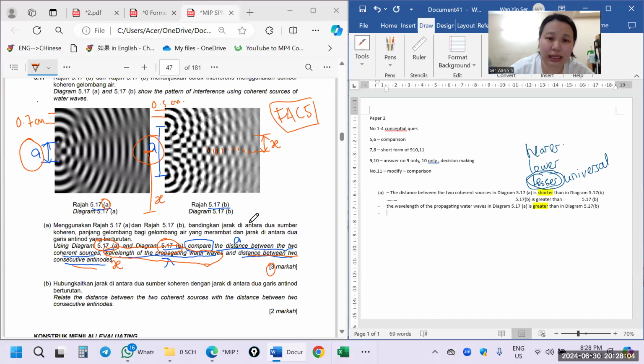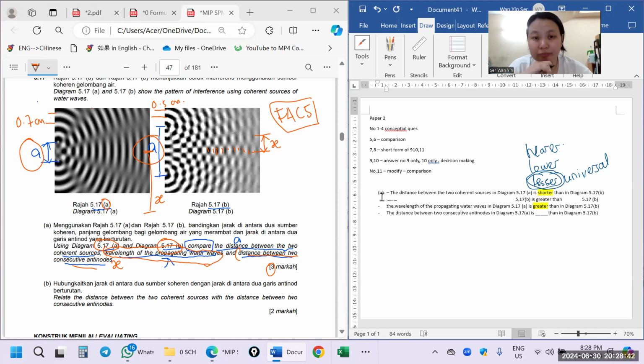All right. So now the last, let's copy here. The distance between two consecutive antinodes in diagram 5.17A is blah blah blah, then in diagram 5.17B.